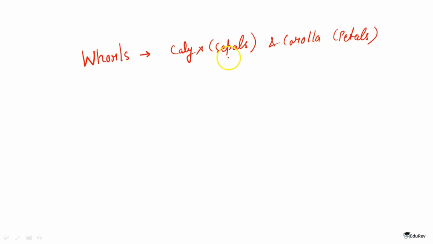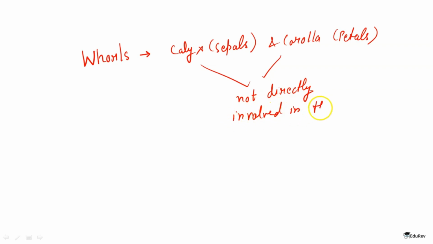So we must know one thing about them, that they are not directly involved in the process of fertilization in the reproduction, right? And we already know the symbols for all these four whorls. So I'm going to write the symbols for all the four whorls.